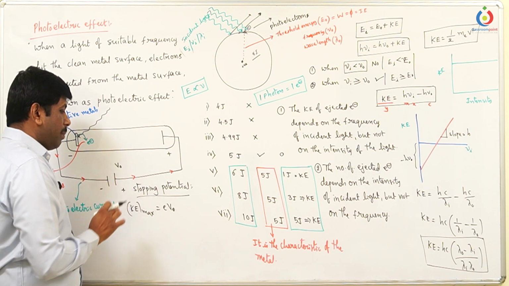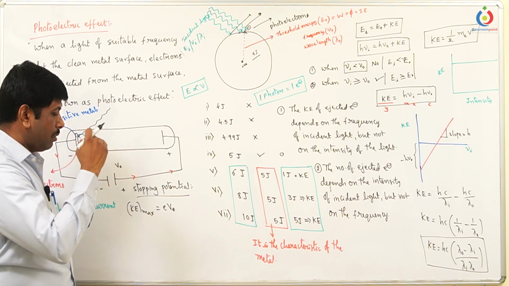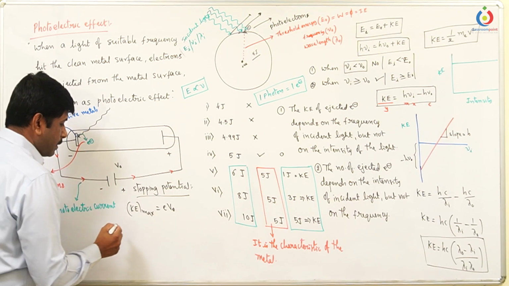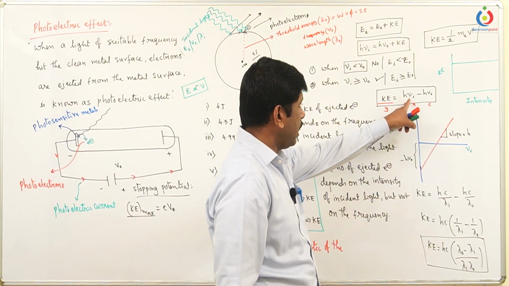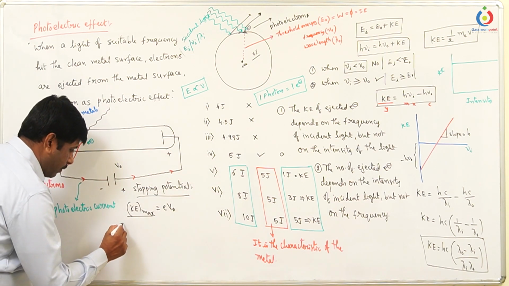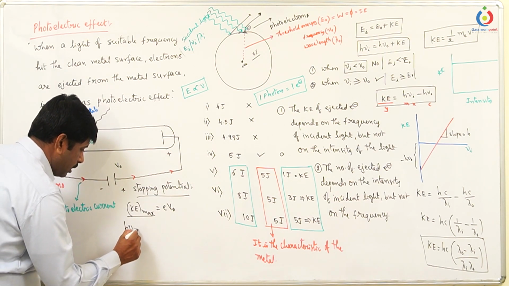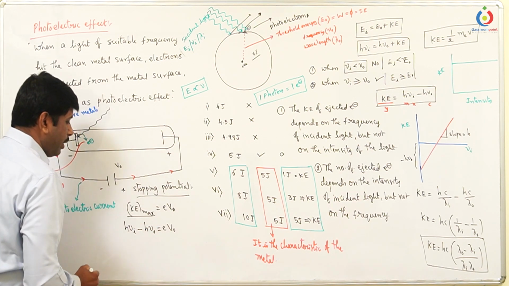The main intention of stopping potential is to make the kinetic energy of the electron equal to 0. The kinetic energy formula we have already derived is h nu i minus h nu naught. So I can write h nu i minus h nu naught is equal to eV0.